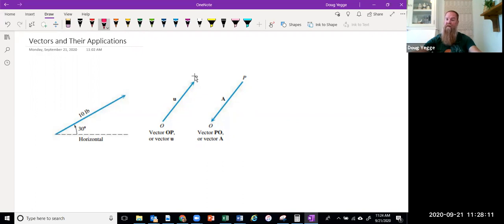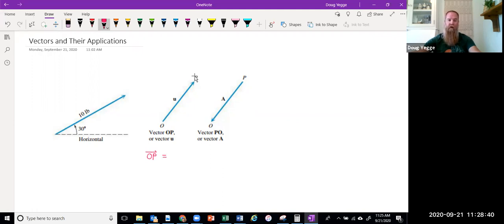Now, a lot of times in textbooks, you're going to see vectors written in bold letters. The problem is we don't have the ability to write in bold, or rather, I suppose we do, but it just takes a lot more time to write in bold, and it's a little unclear what we're referring to. So instead, in physics and in calculus, when we deal with vectors, we put a little arrow tip over the vector.